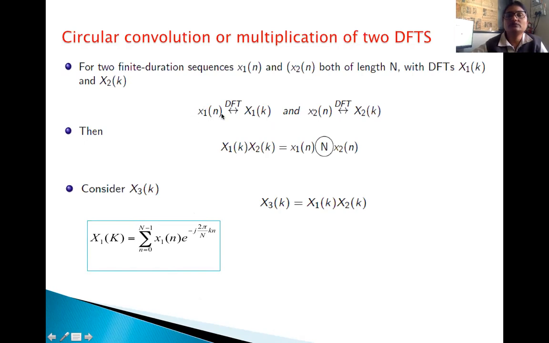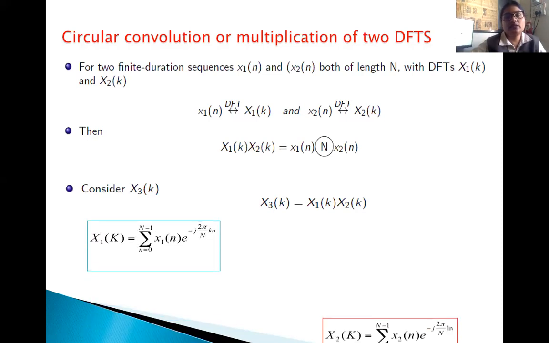When we apply a DFT on x1 of n, we get x1 of k. Here, x1 of k is equal to, using the DFT formula, summation n varies from 0 to N minus 1, x1 of n multiplied by e raised to minus j 2 pi k n divided by capital N. So this is the DFT of the first sequence.